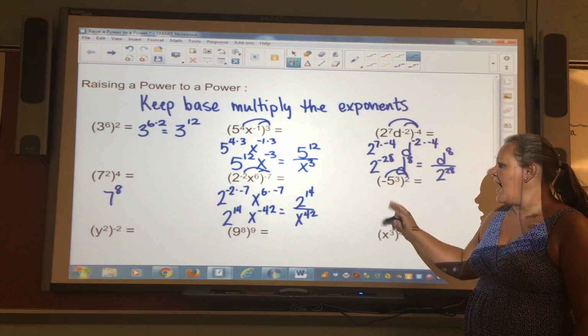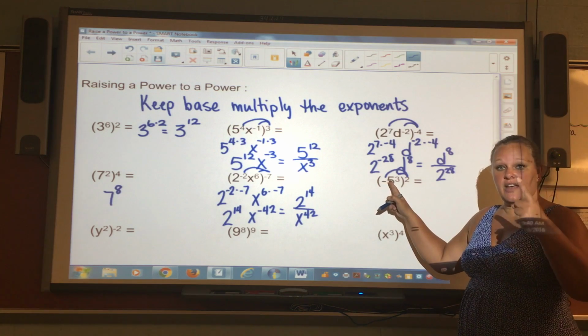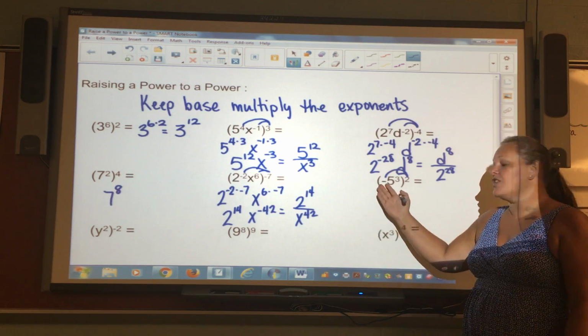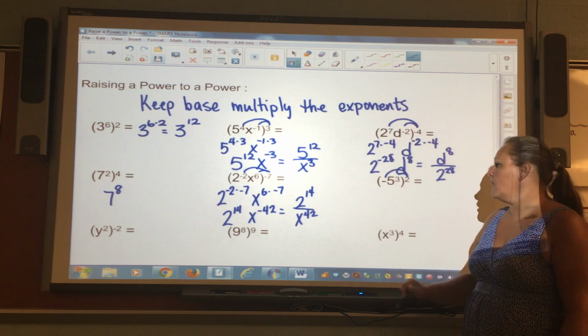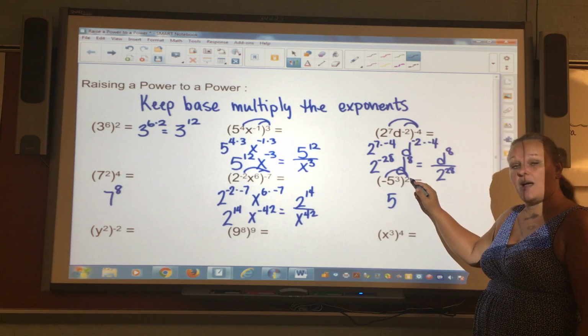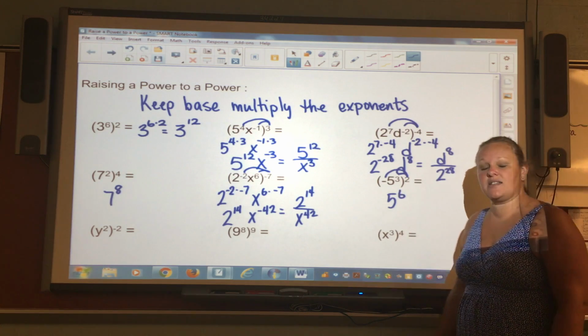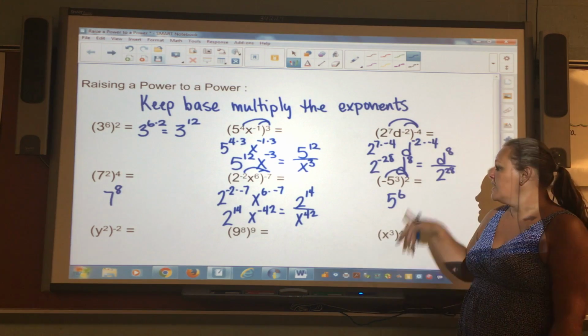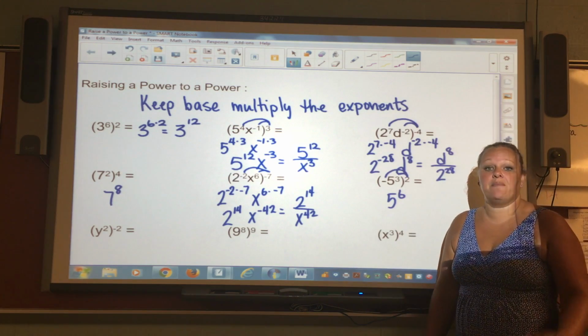So if I have a negative and a negative, 2 negatives will give me a positive. So the negative sign will kind of disappear. And then I can keep the base 5 and do 3 times 2, which will give me 6. So when you're raising a power to a power, keep that base and multiply. Good luck.